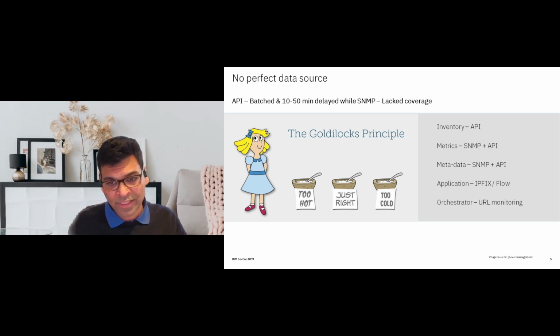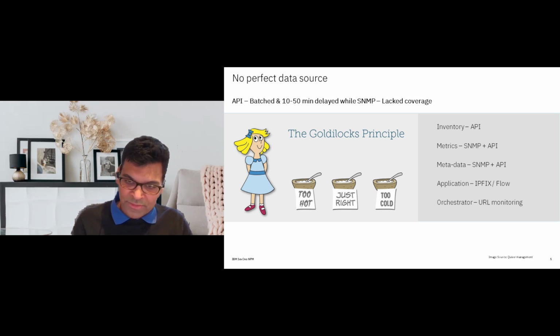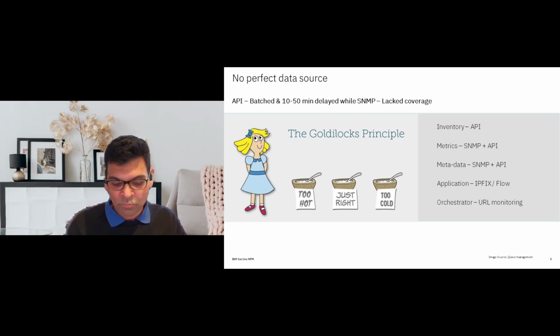However, there were challenges with that because it wasn't meant for real-time monitoring systems. So the data is delayed. 10 minutes is the minimum I've seen, and the maximum is 50 minutes, and also the data is batched. So it puts pressure on us because now you've got to get the data, and every 50 minutes is a large chunk of data.